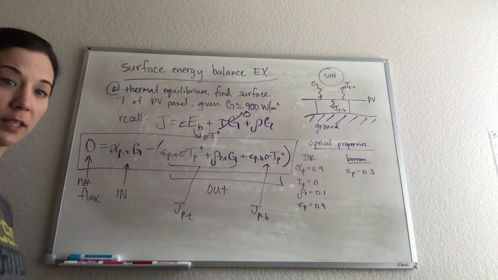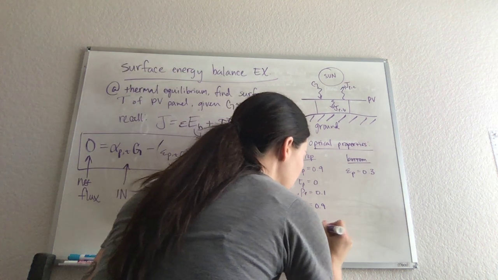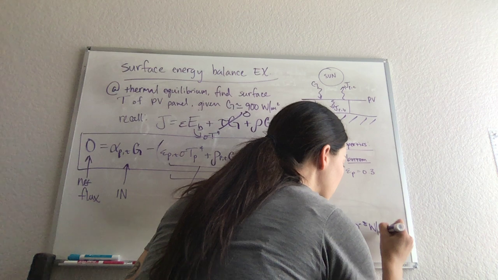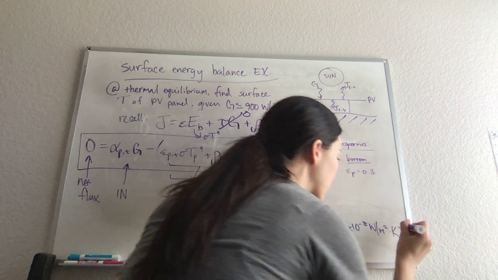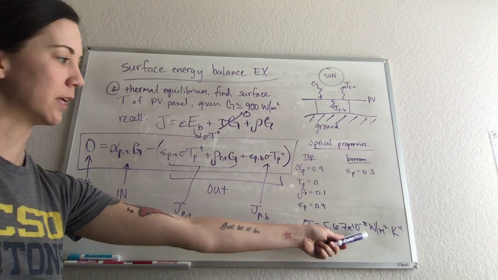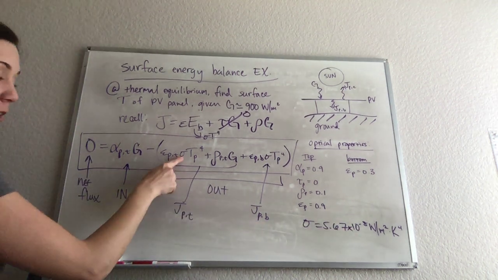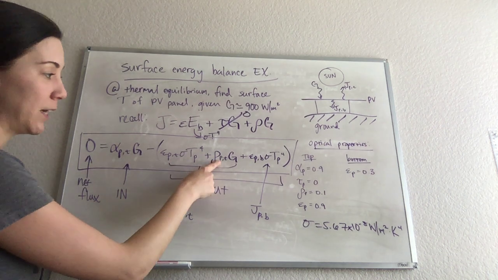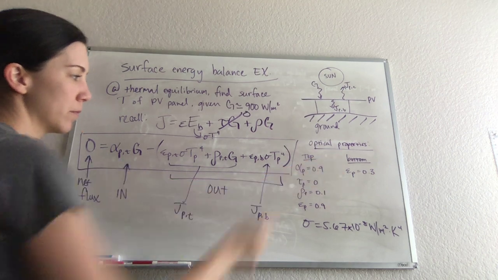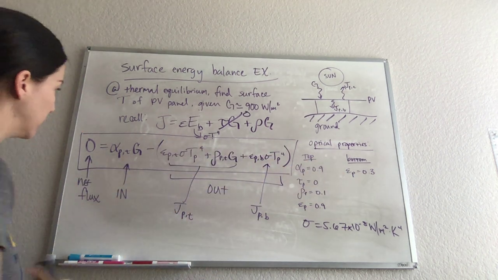I know sigma, that's a constant, and in case you don't remember, that's the Stefan-Boltzmann constant, and it's equal to 5.67 times 10 to the minus 8 watts per square meter per Kelvin to the 4th. So I know sigma, I know the reflectivity of the panel on the top, and I know the emissivity of the panel on the bottom. So I just need to solve for T sub P, the temperature of the panel.